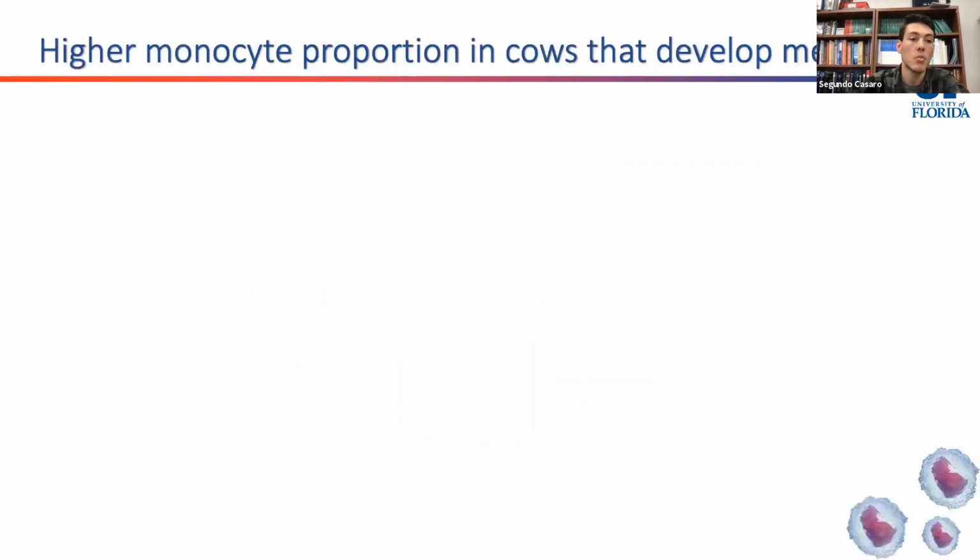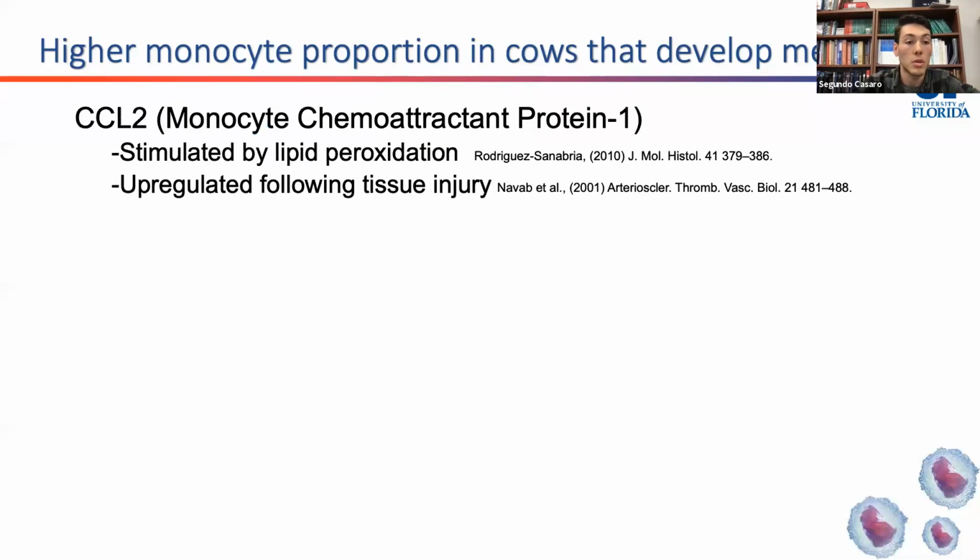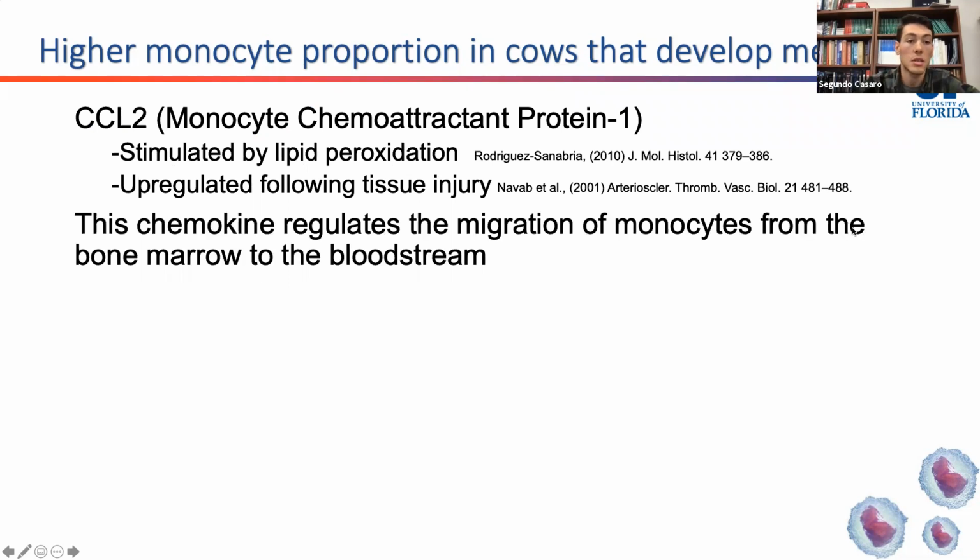So we found a higher monocyte proportion in cows that develop metritis. Regarding this, one idea that we had was about a protein called CCL2, monocyte chemoattractant protein 1, because this protein is stimulated by lipid peroxidation, and it's also upregulated following tissue injury. This chemokine regulates the migration of monocytes from the bone marrow to the bloodstream.